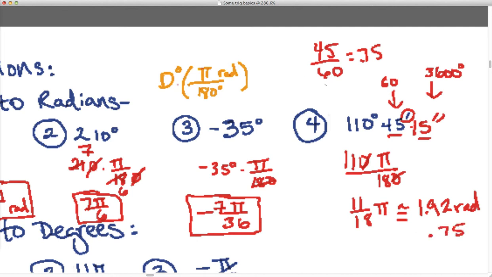And then here we have 15 divided by 3600, which gives you 0.00416.